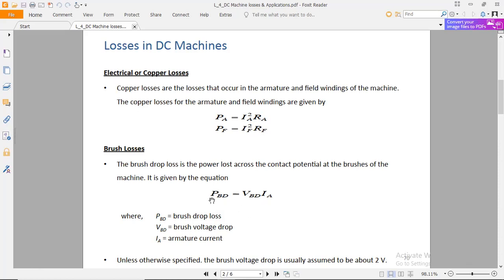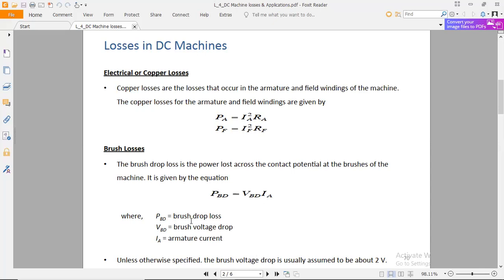By that formula we get the brush drop loss, because the brush is the contact part to the commutator, and due to stiffness and friction there is rubbing between the commutator and carbon. Because of this, arcing is produced between the brushes and commutator, and due to arcing a voltage drop is produced.